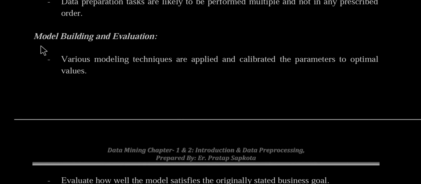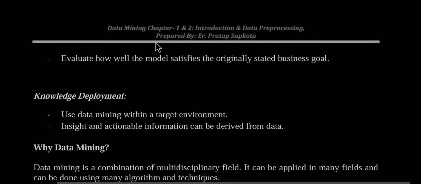The third point is model building and evaluation. In model building, various model building techniques are applied and the parameters are calibrated to optimal values. So in this phase we'll implement various model building techniques to build a model. And what does model evaluation mean? Model evaluation means we'll evaluate how well the model satisfies the originally stated business goals.